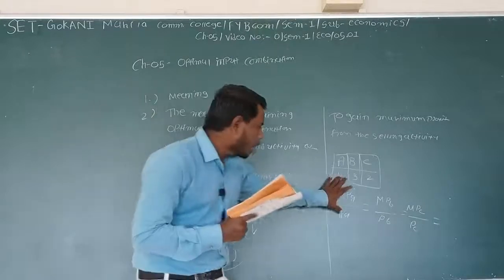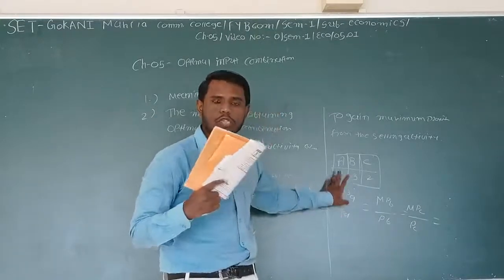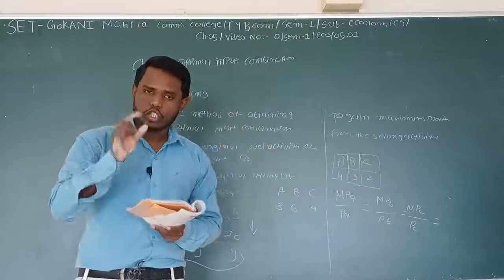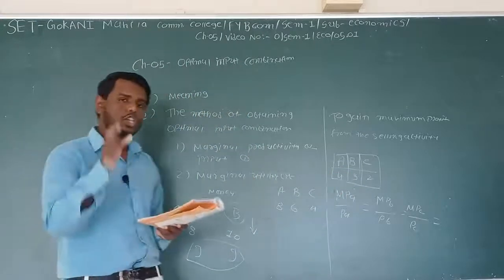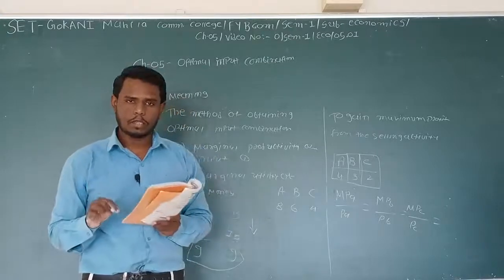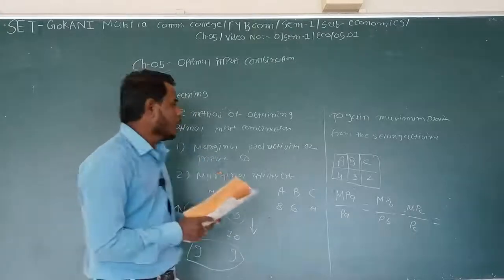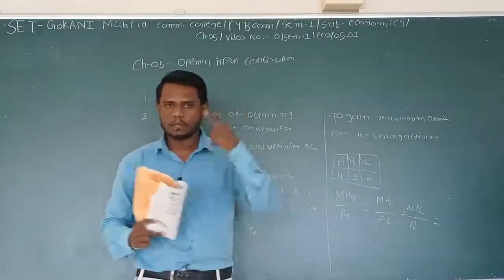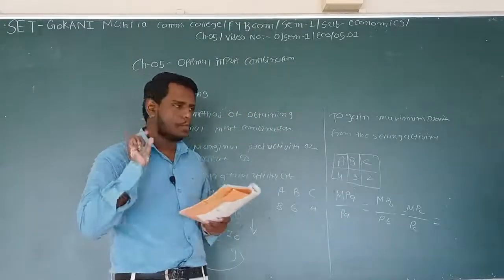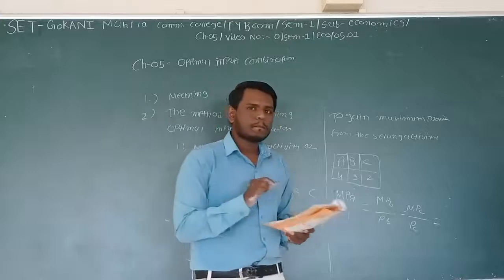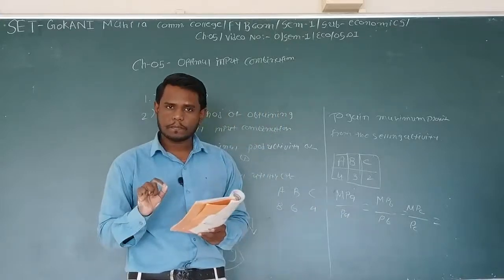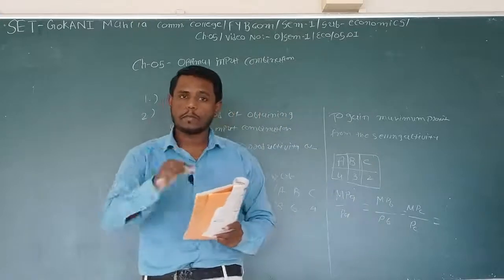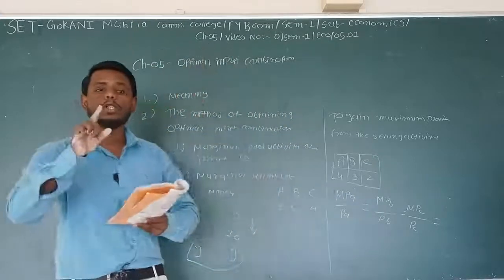In short, use this kind of formula in which all your answers come out the same. That same point, that same answer, is your optimal input combination. Say, for example, if you have input A, the marginal productivity of input A and the price of input A, and the marginal productivity of input B and the price of input B must be the same.